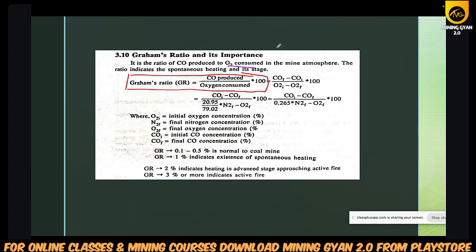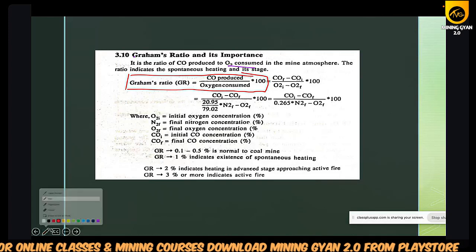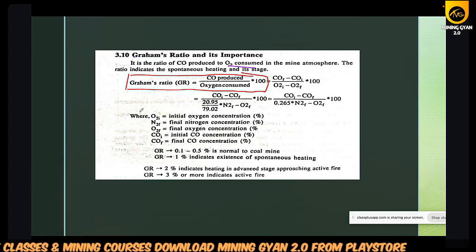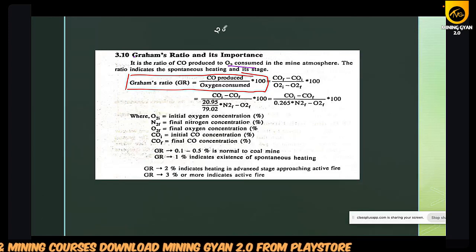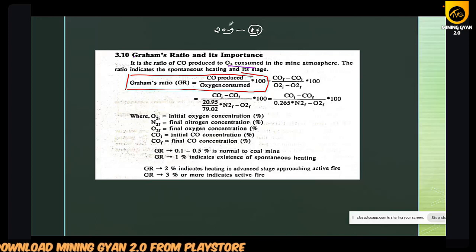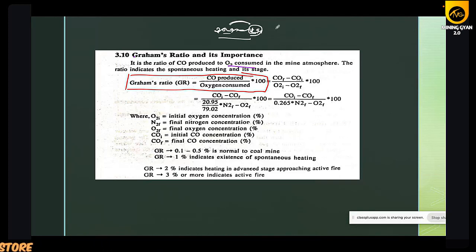So I told you to remember the percentage of oxygen and other information, because you will have to find out the difference. Like in the mines, suppose it is down to 19, so you have to find out the difference. Okay, so I told you to remember the oxygen percentage, CO produced. So CO actual how much it should be and how much now. So their difference.